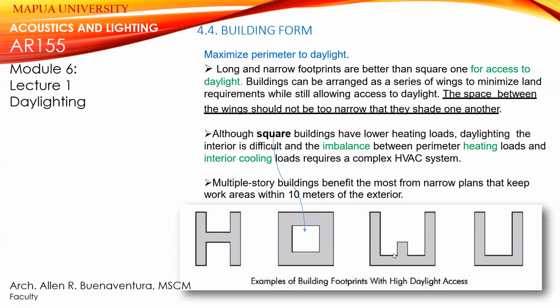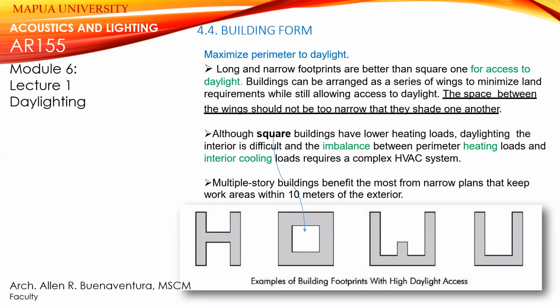the building form is to maximize perimeter to daylight. Long and narrow footprints are better than square ones for access to daylight. So buildings can be arranged in a series of wings to maximize land use while still allowing access to daylight. The space between the wings should not be so narrow that they shade one another.